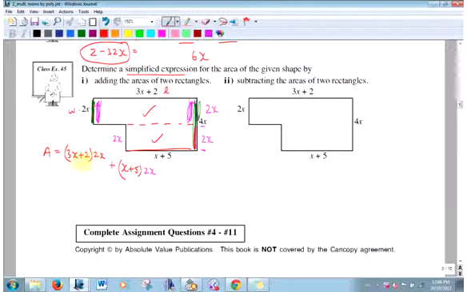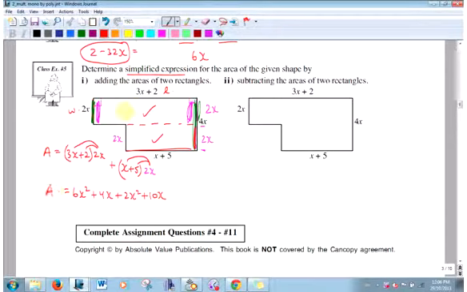Again, if you don't like to see it this way, then write it the different way. But this area is 3 times 2 is 6. X times x is x squared. 2x times 2 is 4x. 2x times x is 2x squared, and 2x times 5 is 10x.